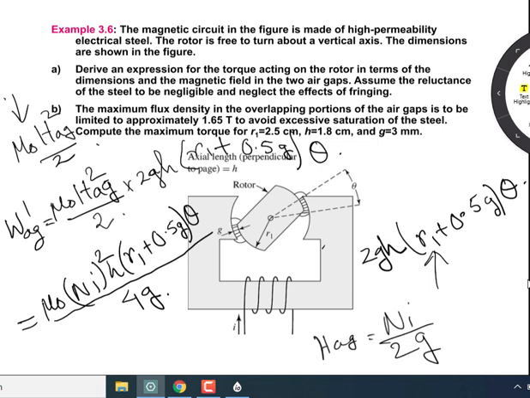Now this is the whole thing. After that, what we can find out more is the expression of torque. Now see this expression of torque.